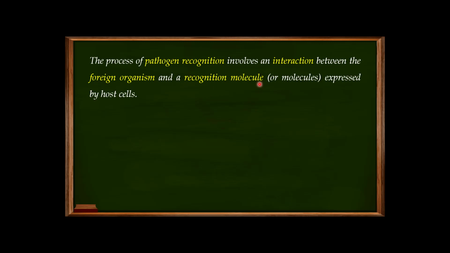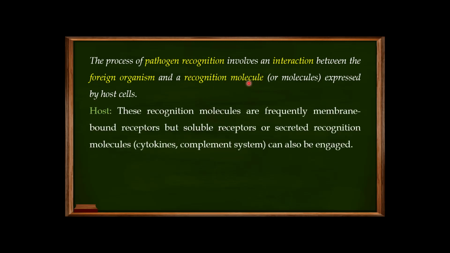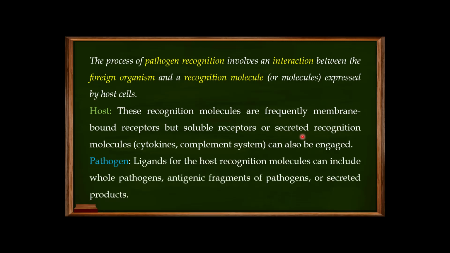If you talk about these recognition molecules of the host, in the majority of cases they are membrane bound receptors, but there can be soluble receptors or secreted recognition molecules. When you talk about the pathogen, a variety of things from the pathogen are recognized by these recognition molecules, including the whole pathogen, the antigenic fragments of the pathogen, or the secreted products of the pathogen.